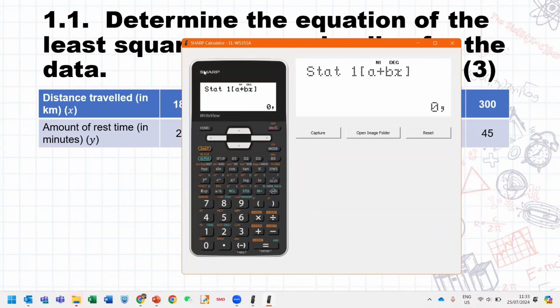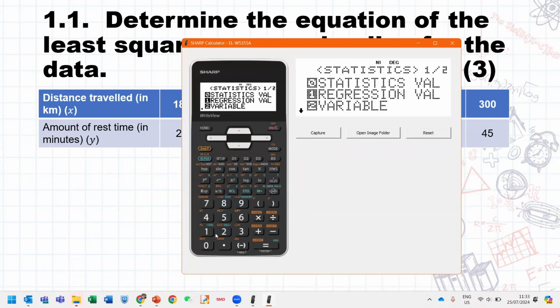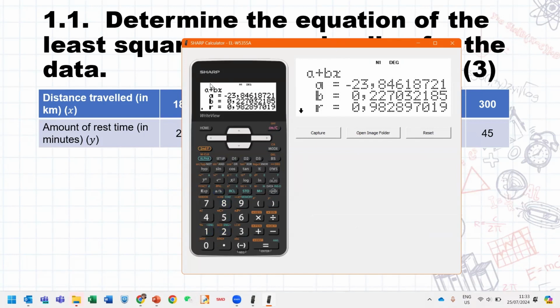Now, to find our linear regression line, we say alpha and 8 for stat, and then 1 for regression value. Here you can see a is negative 23,846, and our b value is 0,227.